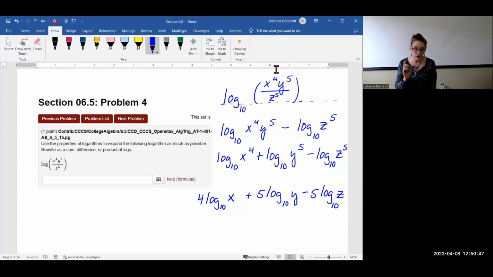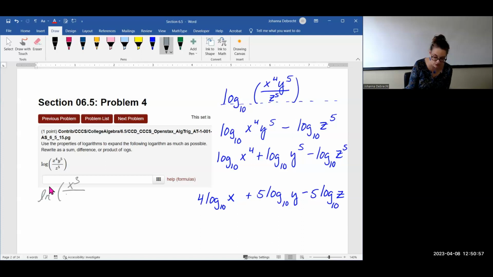Now, I want to do another problem here before we move on. What if this had instead been the natural log of x to the 3rd over y squared z squared, all right? Instead of having 2 factors in the numerator, I have 2 factors in the denominator.